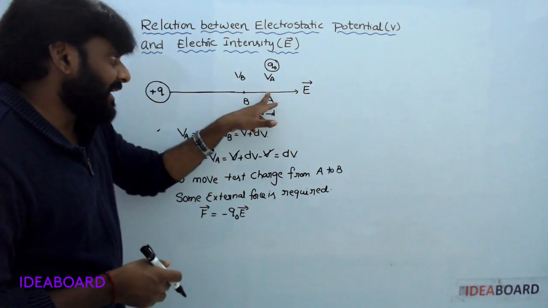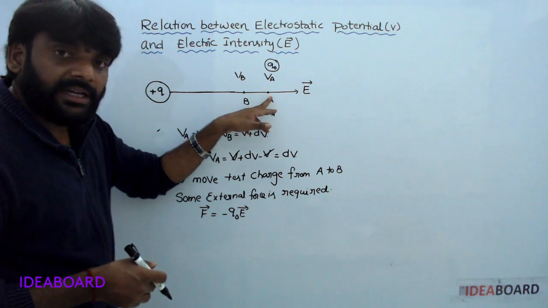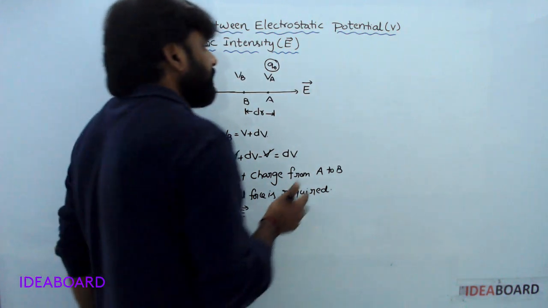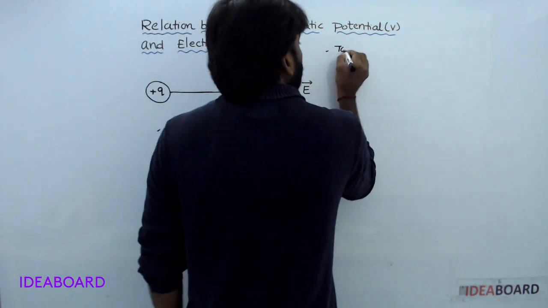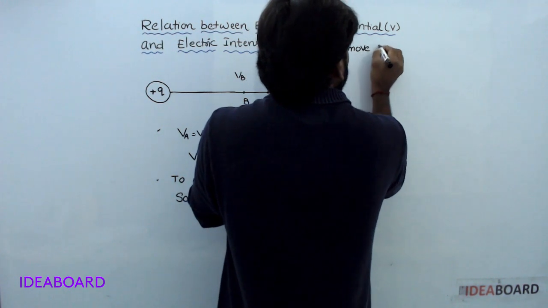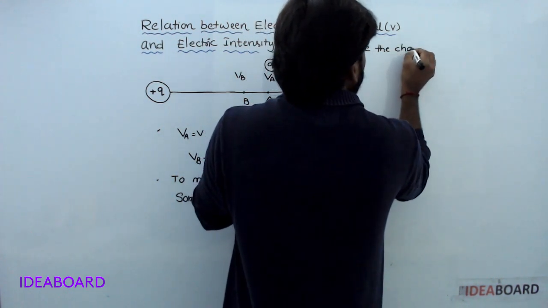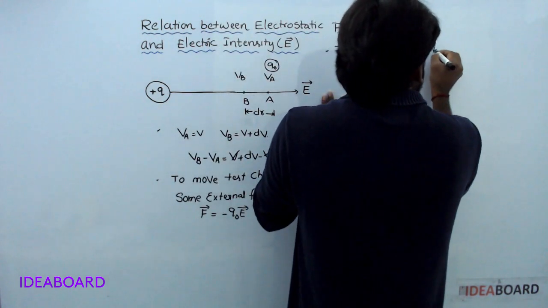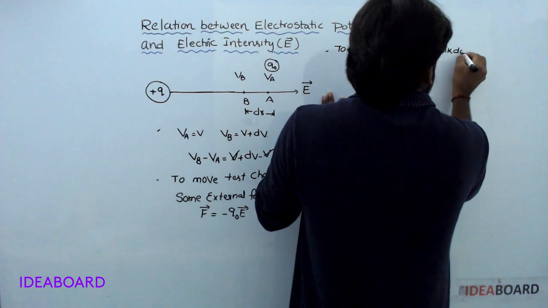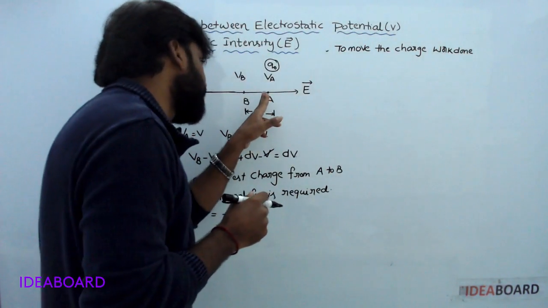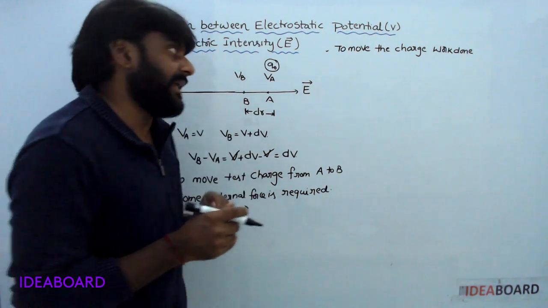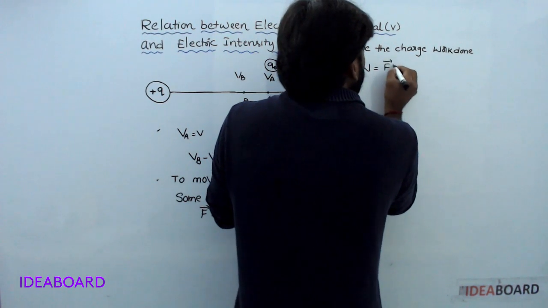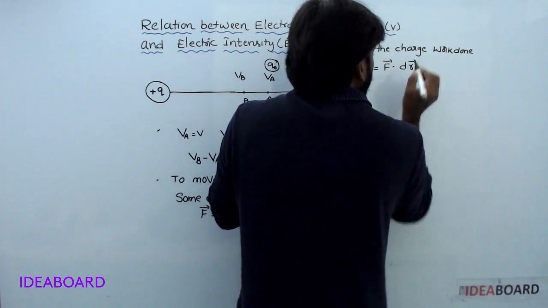In this case, some work is done on the charged particle, that is external work done. To move the test charge from A to B, the work done is equal to force F bar dot displacement dr bar.